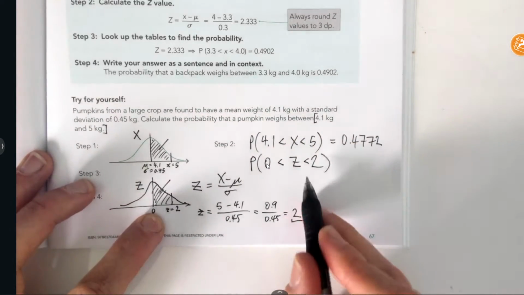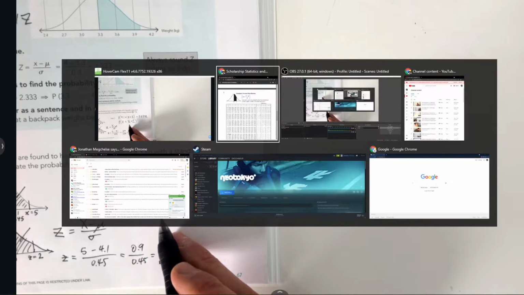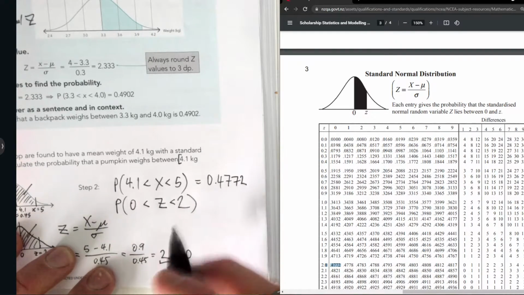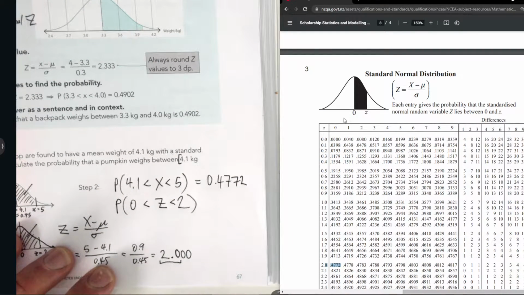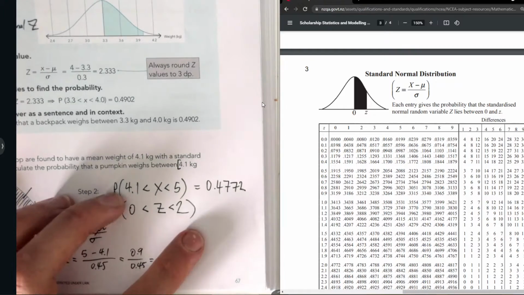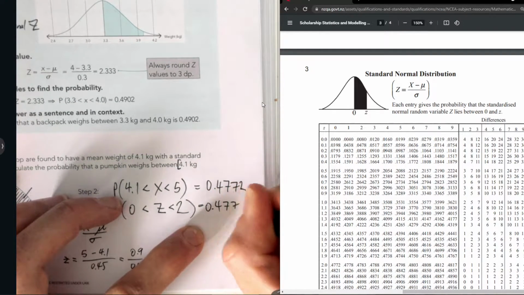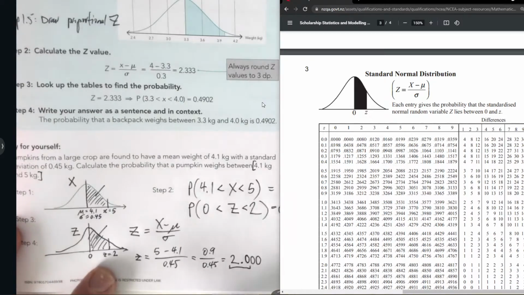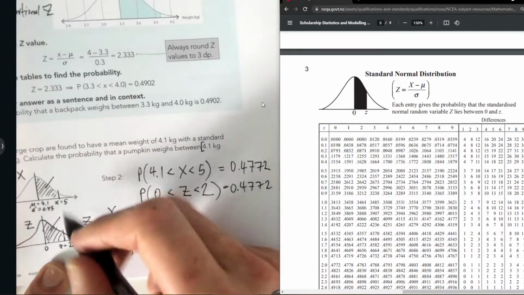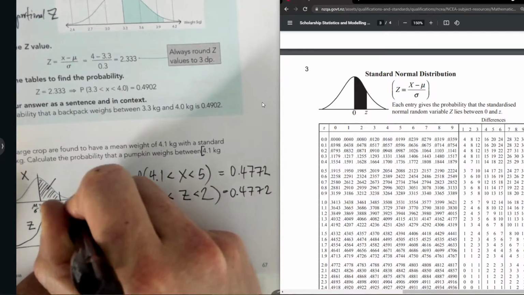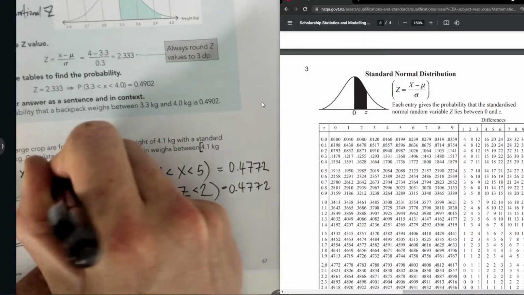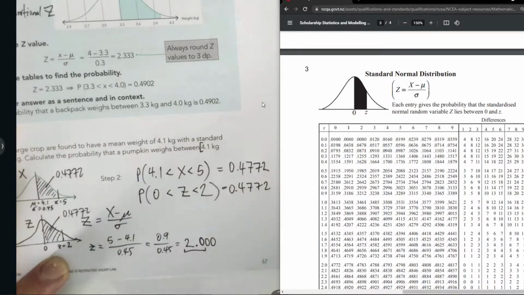And this is actually what we were looking at on our standard normal distribution, between 0 and our Z value. I'm doing this to build up your understanding, and this probability is proportional, right? That's the whole reason we do this Z transformation thing. These probabilities are exactly the same as each other, 0.4772 and 0.4772.